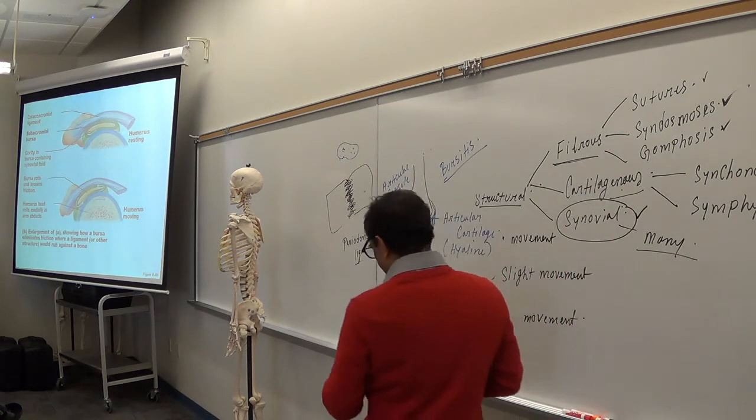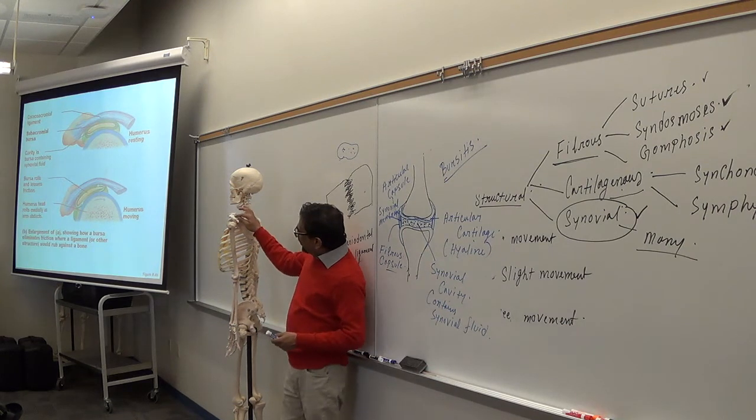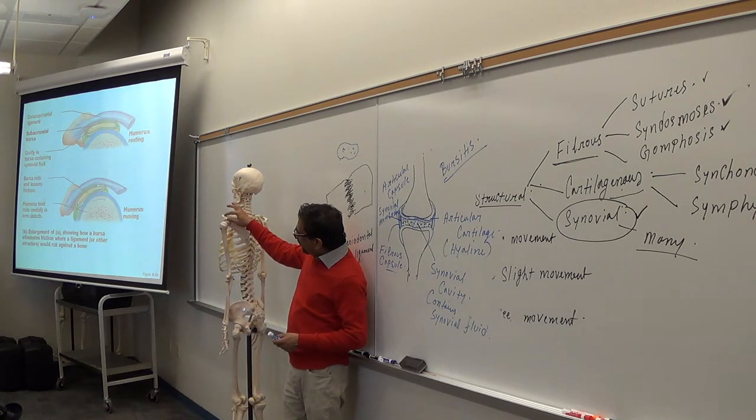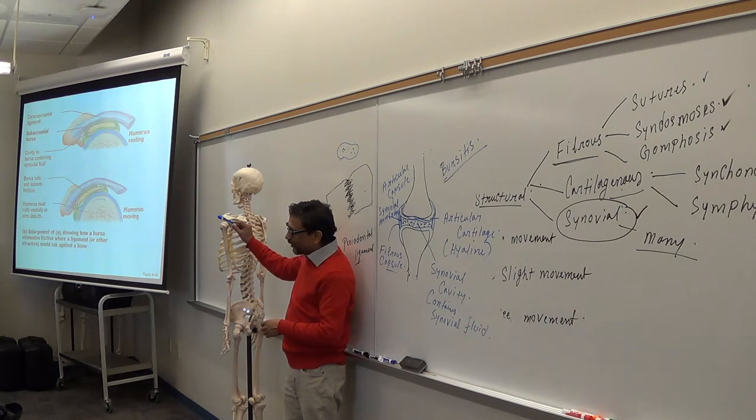You see here a bursa. This is called subacromial bursa. You remember the name of this part of the scapula is called what? Acromion. Remember that? Acromion. So this is the head of the humerus, right? And in between we have here a bursa. Okay?